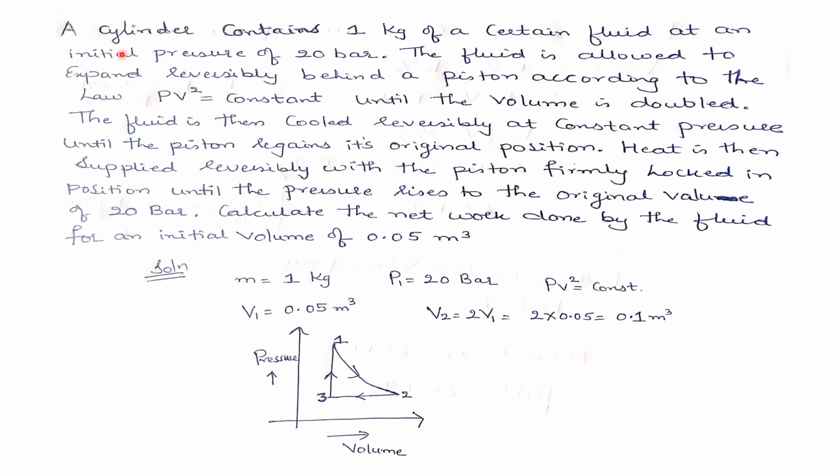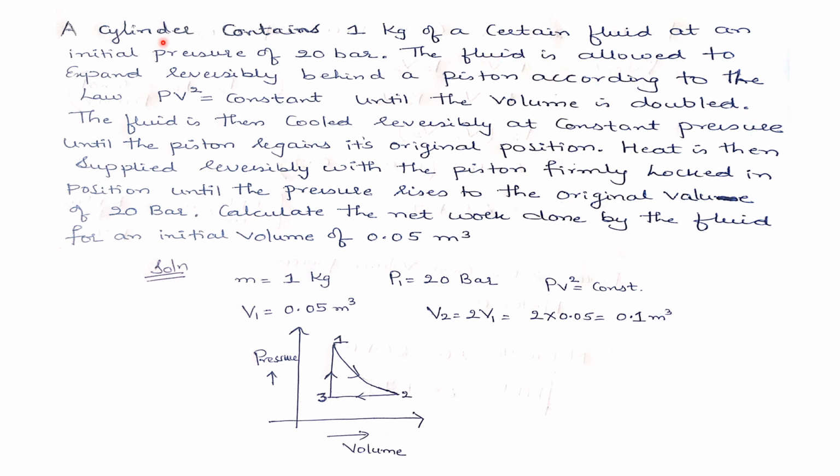Next problem. A cylinder contains 1 kg of a certain fluid at an initial pressure of 20 bar. The fluid is allowed to expand reversibly behind a piston according to the law PV to the power 2 equal to constant until the volume is doubled.